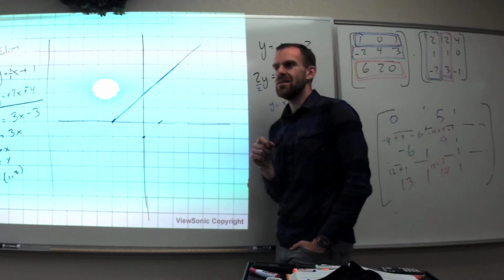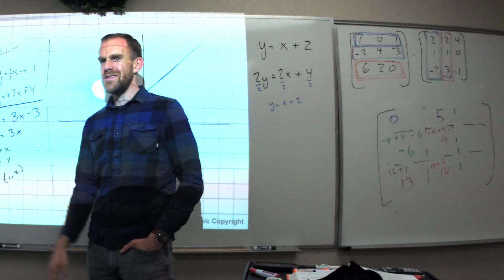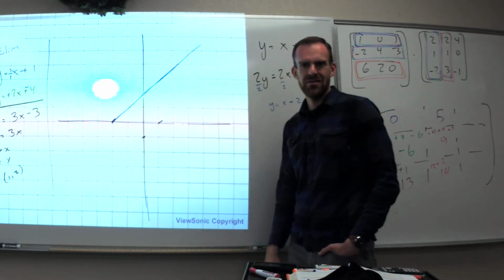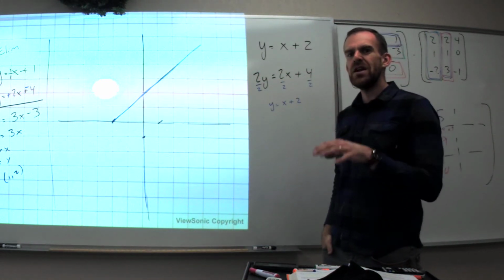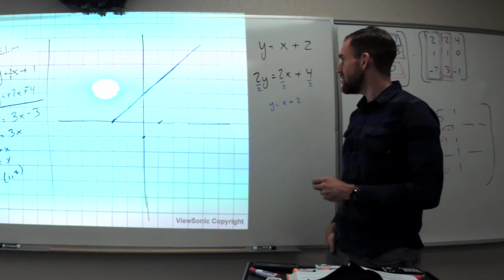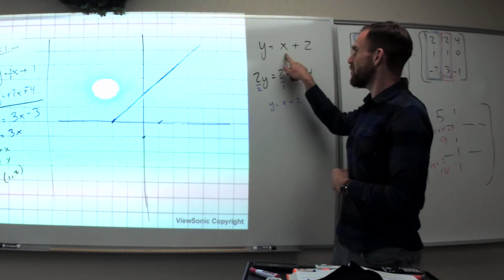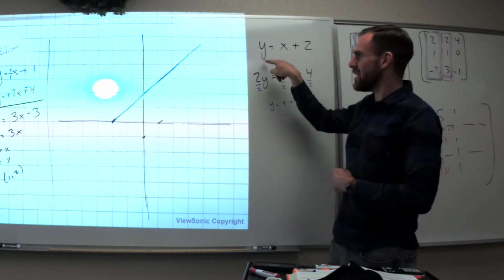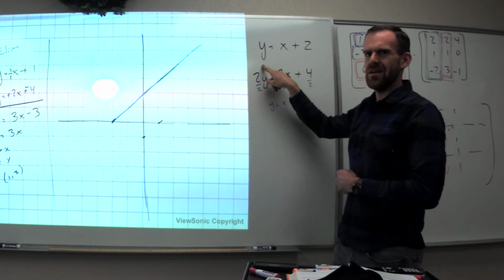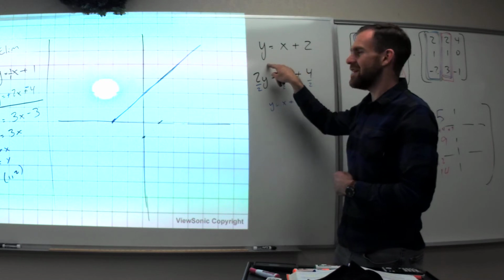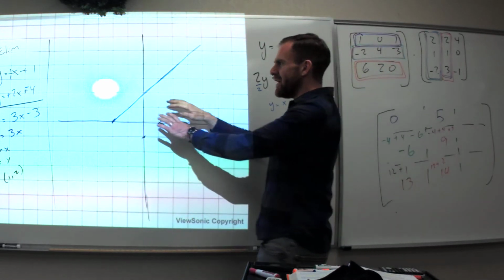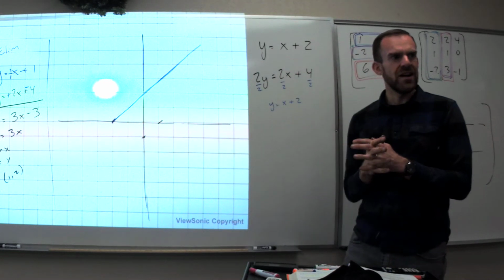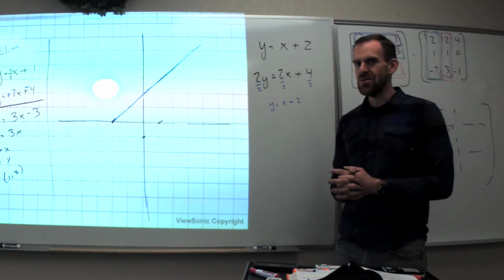That means that all solutions are possible. There's an infinite number of solutions, right? I could plug in 1 for x and get 3 for y. I could plug in 2 for x and get 4 for y. I could plug in 5 for x and get 7 for y. There are an infinite number of values for which y equals x plus 2.